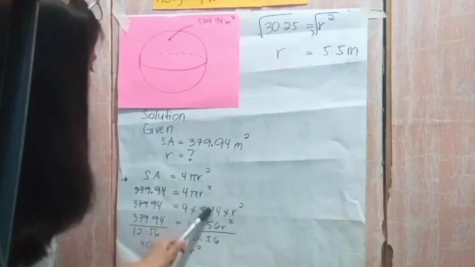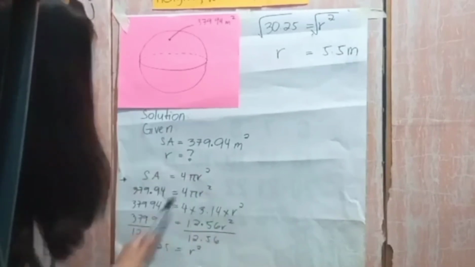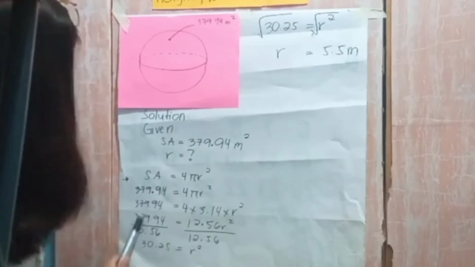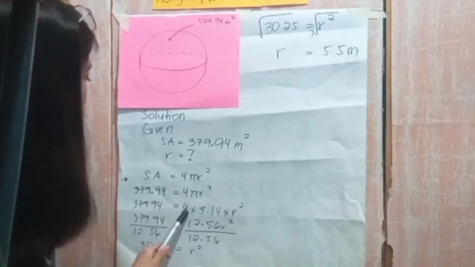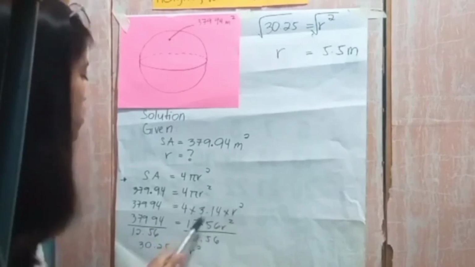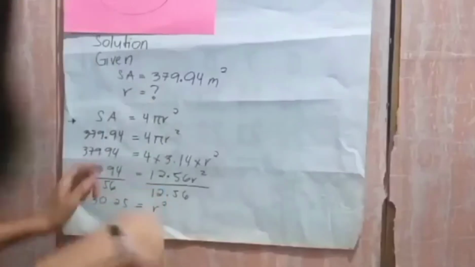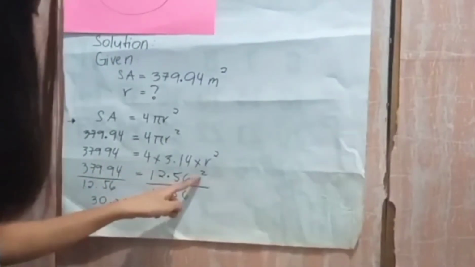3.14 is the value of pi. So 379.94 is equal to 4 times 3.14, which is 12.56, times r squared.